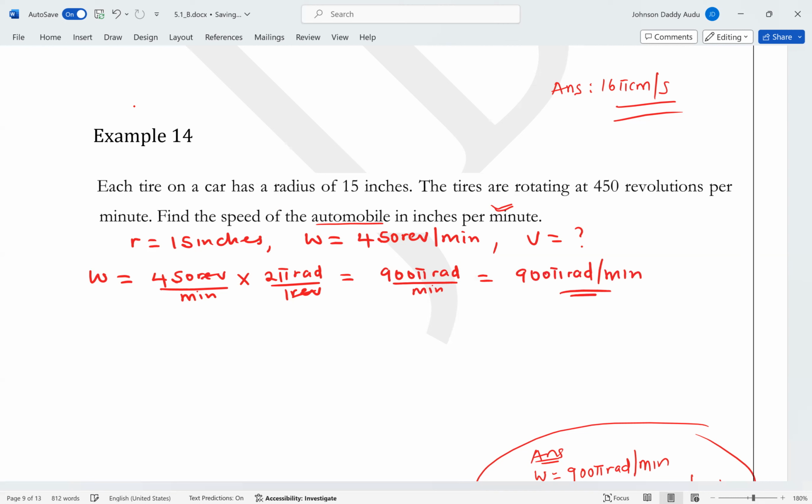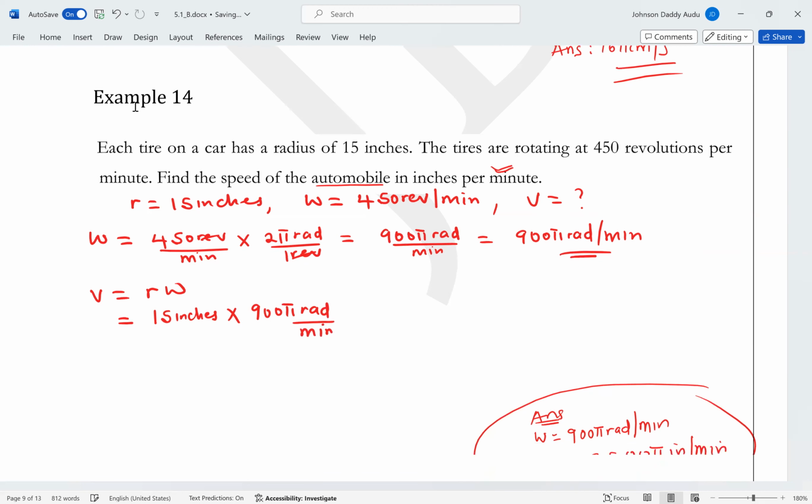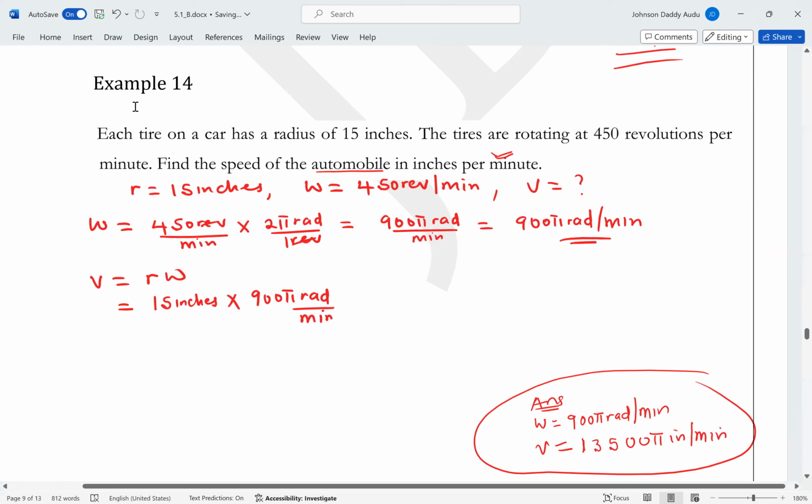Okay, then we can find our V, which is just R multiplied by omega, the angular speed. R is in inches, so you have 15 inches multiplied by omega, which is 900 pi rad per minute. Let me put it down here. So what is supposed to be the unit here?